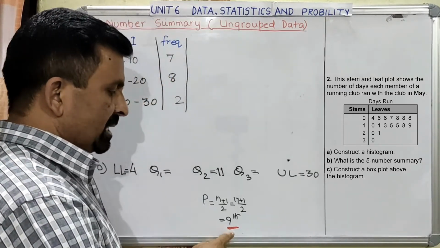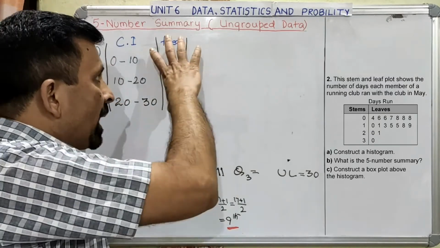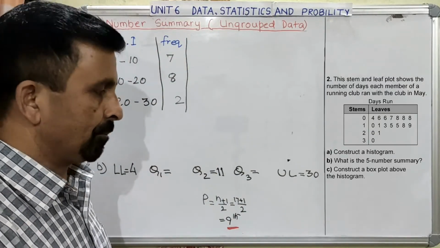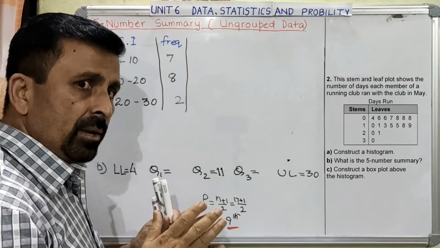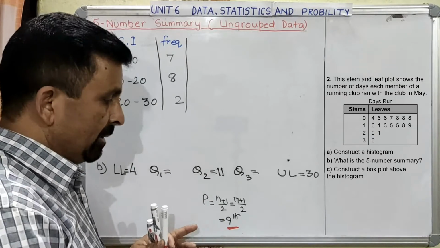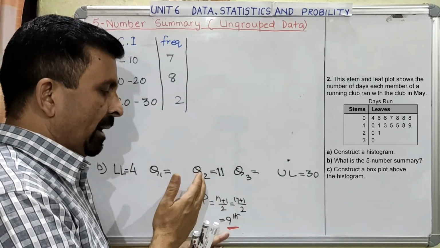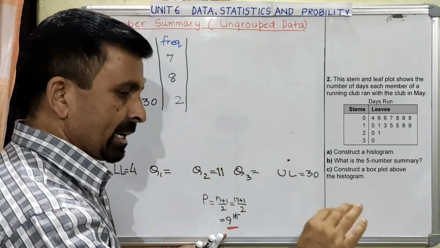The position of your Q2 tells you how we have divided the total data into 2 equal parts. Is this okay? So from this position we come to know that we have 9 data in the first half and 9 data in the second half.